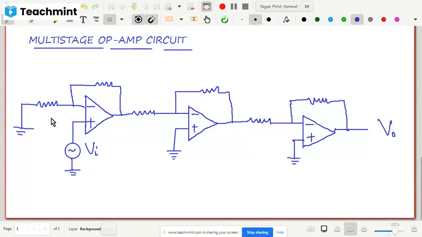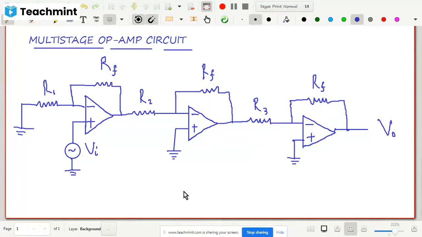Let us assume that right now we have feedback resistances which are equal here. All these feedback resistors have the value RF, and then the input resistance which we are giving RI. This one let us say R1, and this one let us say R2, and here let us call this R. Okay, so this is our circuit diagram.